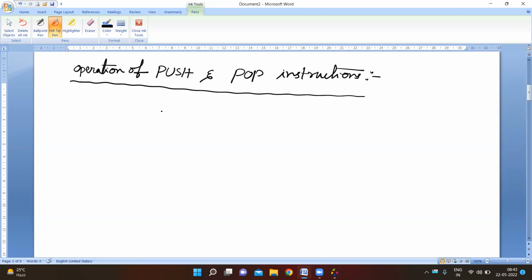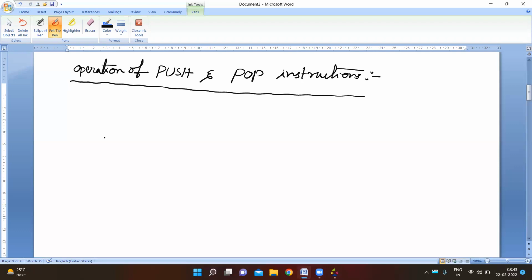Therefore, whenever a call instruction is executed, the main program sequence address should be stored in the stack. Whenever a return instruction is executed, the program counter is loaded from the stack, and by that the program counter knows, after completion of the subroutine program, where it has to jump, that is, back to the main program.